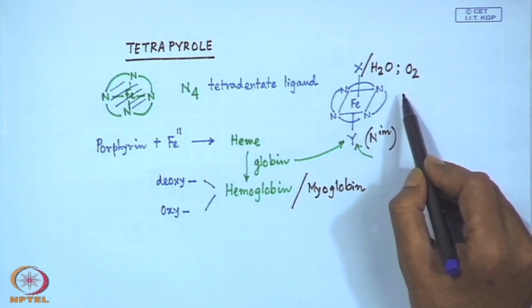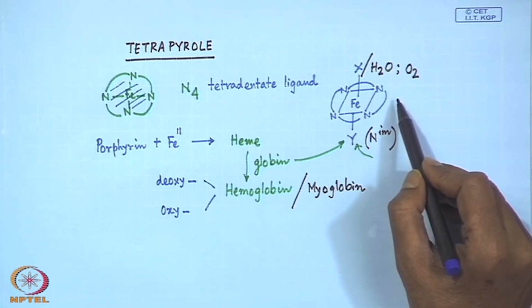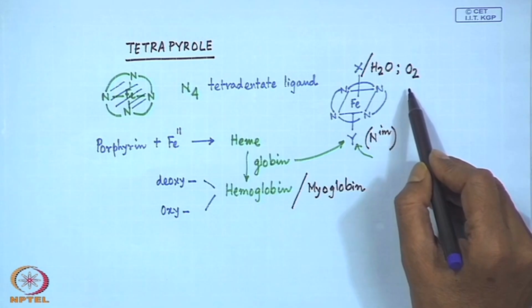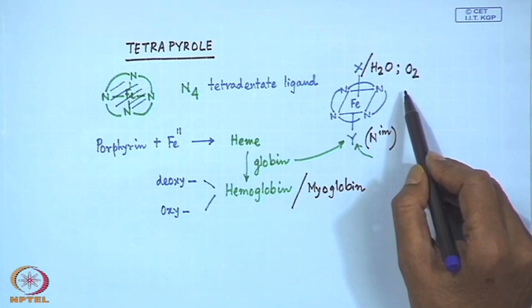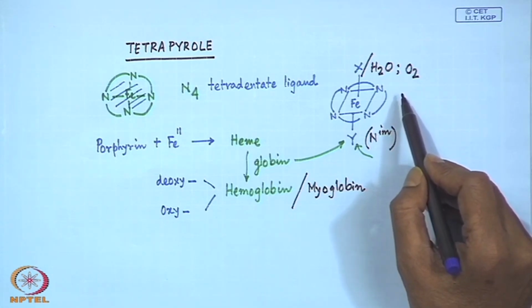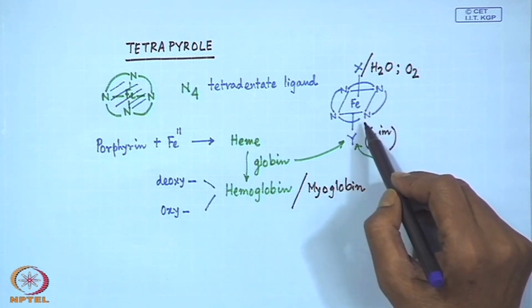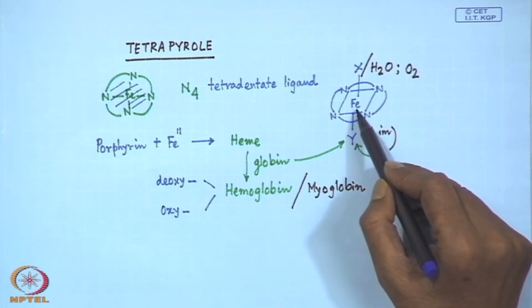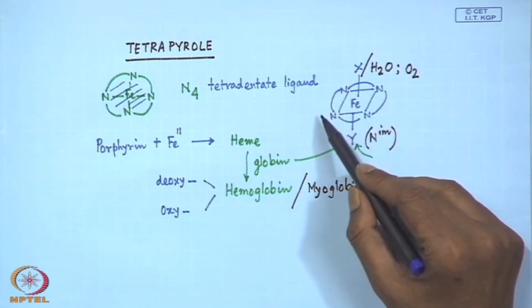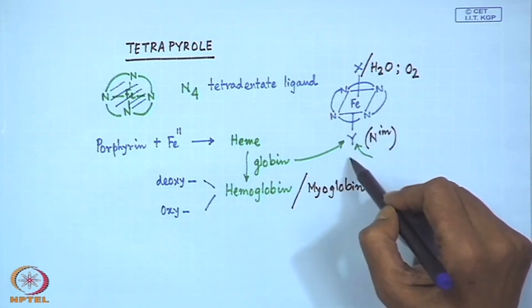During respiration we need oxygen, and that oxygen is stored in our body and ultimately required for burning of the food material, for our energy, and for ATP synthesis. But that starts from the very basic coordination chemistry of iron bound by the porphyrin ring and the globin chain.